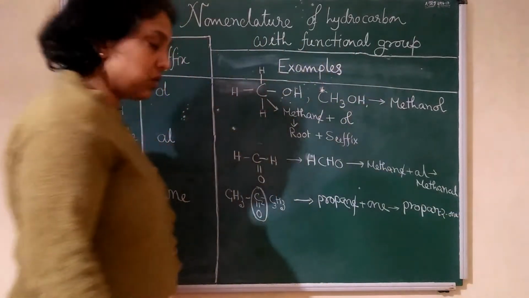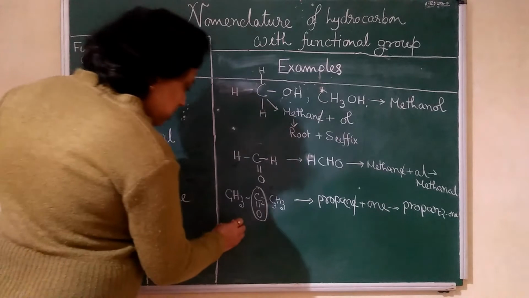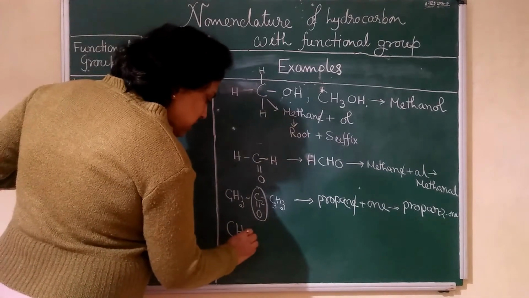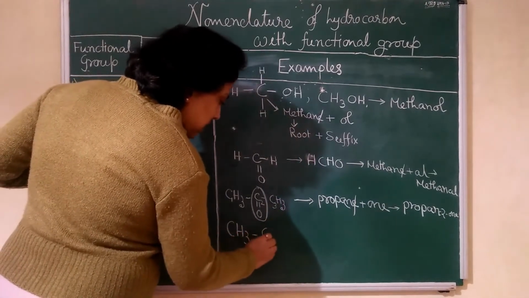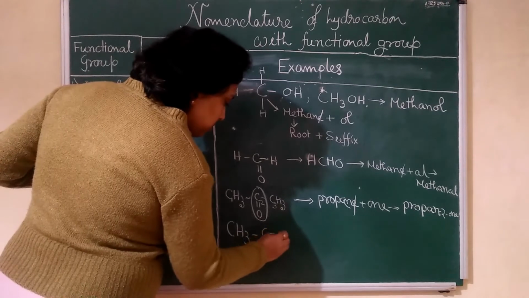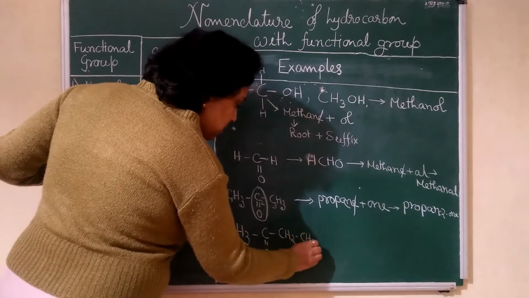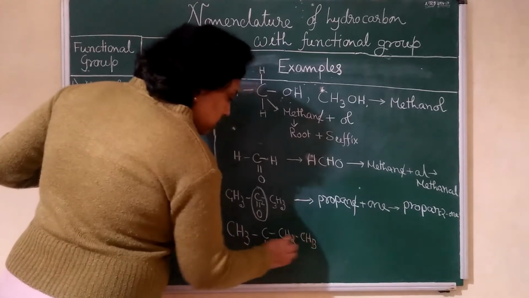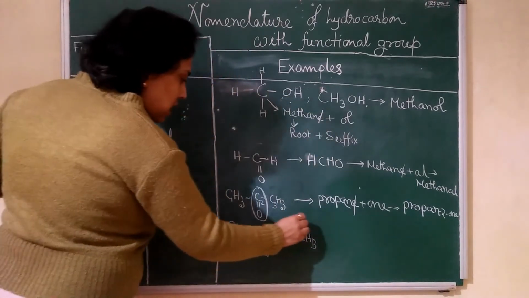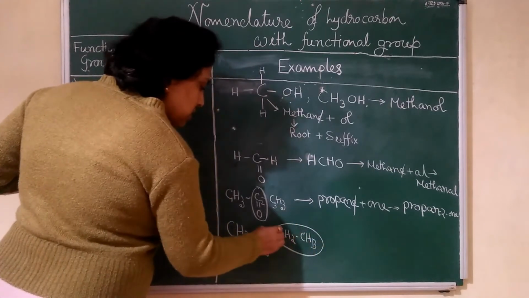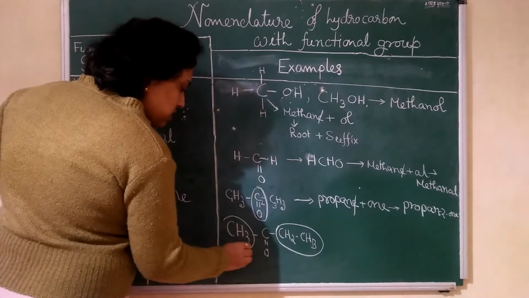Propan-2-one. If the R groups are different, meaning on one side we write CH3 and on this side C2H5. So this R group is C2H5. This is one R group and this is another R group.